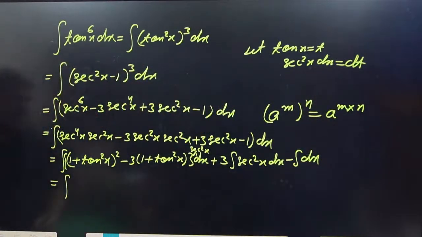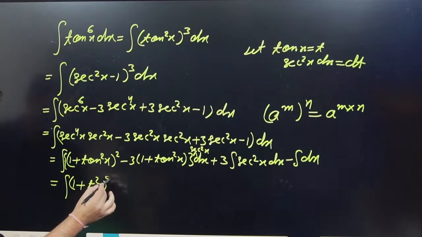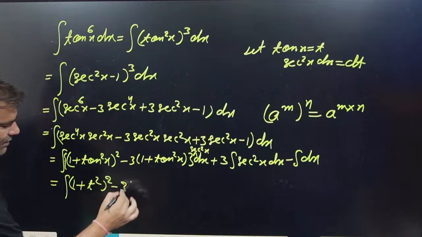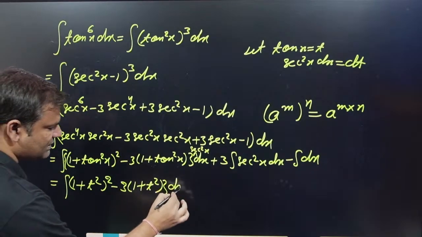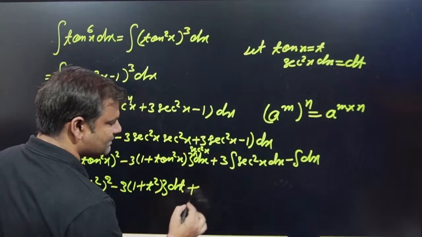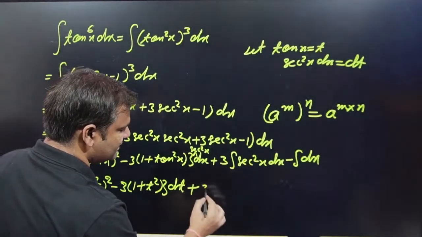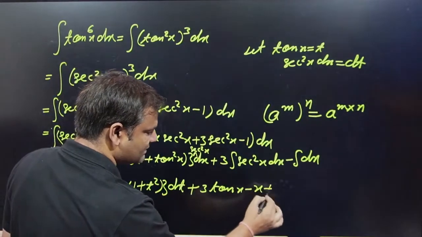So this one is written as the integral of 1 plus t square to the whole square minus 3 times 1 plus t square into dt, plus, what about that value? Simply this one is tan x minus x plus c1.